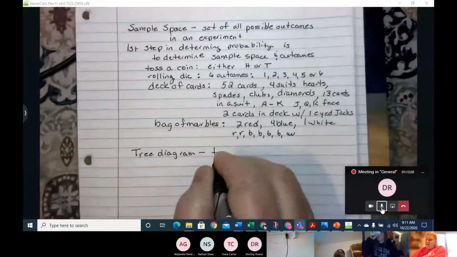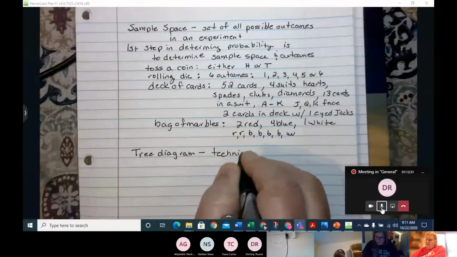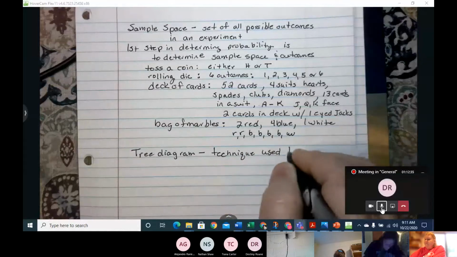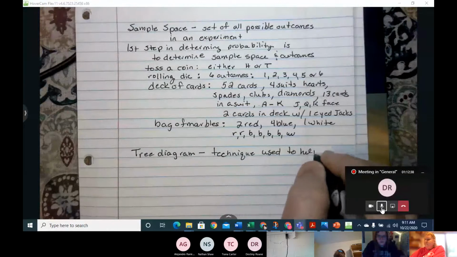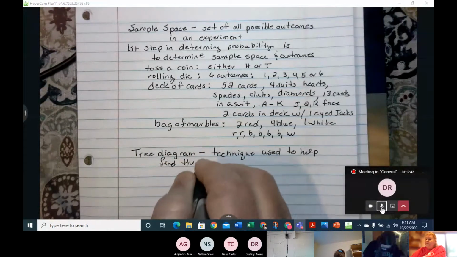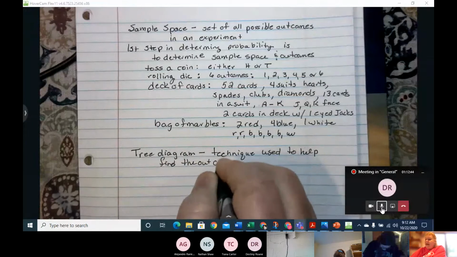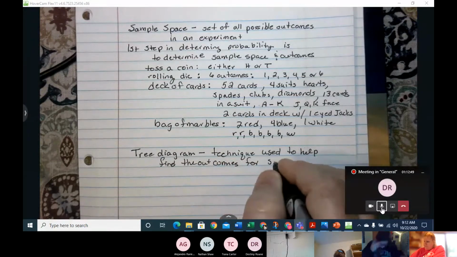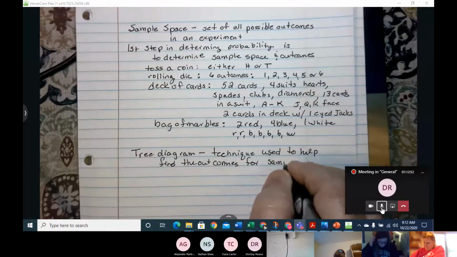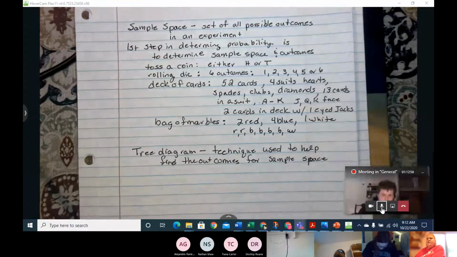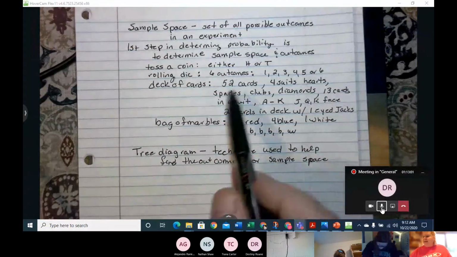And this is just a technique to help you find the outcomes for sample space. You can find sample space by making a list.